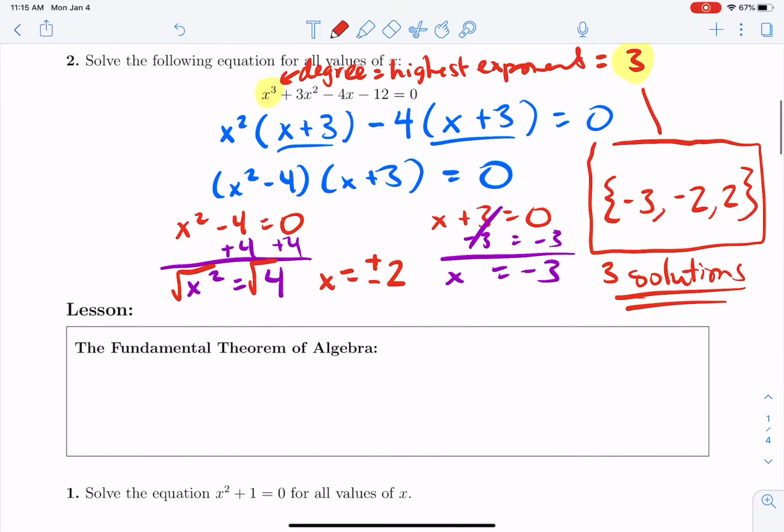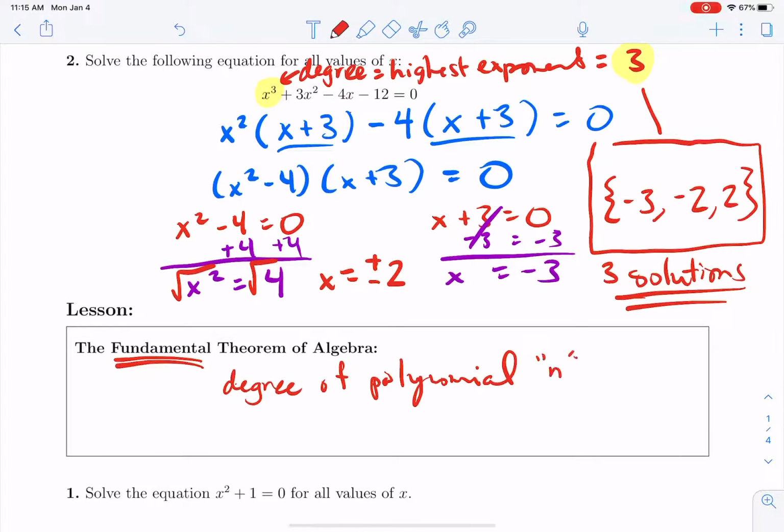Now this kind of connects us to what's called the fundamental theorem of algebra. And basically what that theorem says is that the degree of the function, the degree of the polynomial, let's say that's n, is going to be the same as the number of solutions, n.